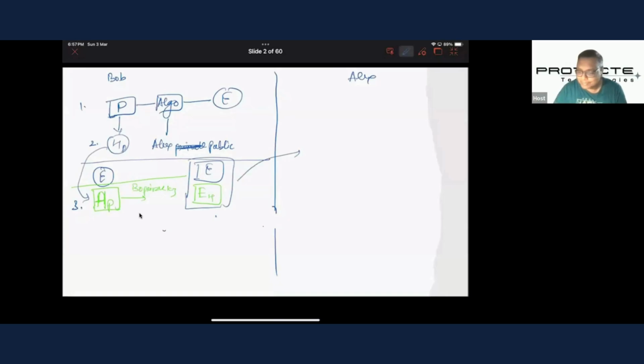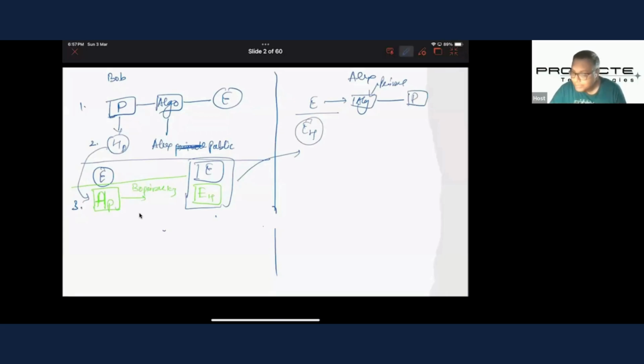So what happens as Alex receives it? He gets two things: the encrypted message and the encrypted hash. He keeps the hash aside. He takes the message, applies his private key, and gets the plain text back. But he still doesn't trust the plain text.